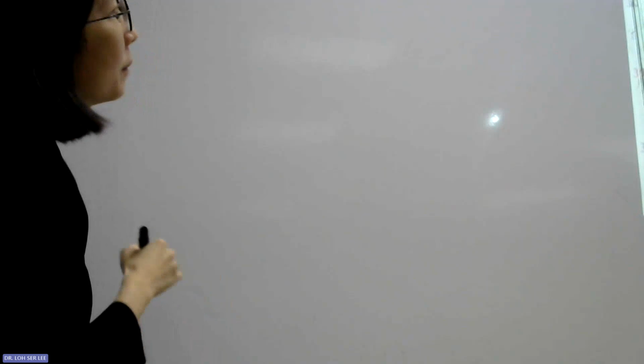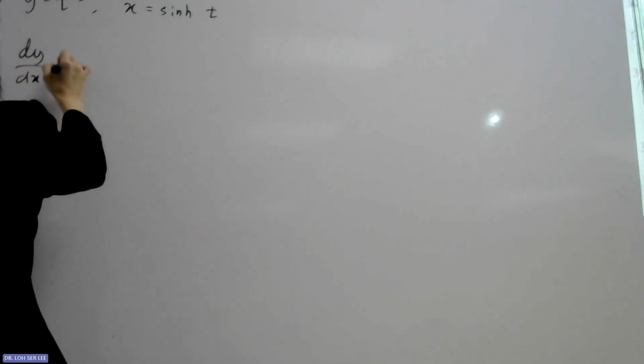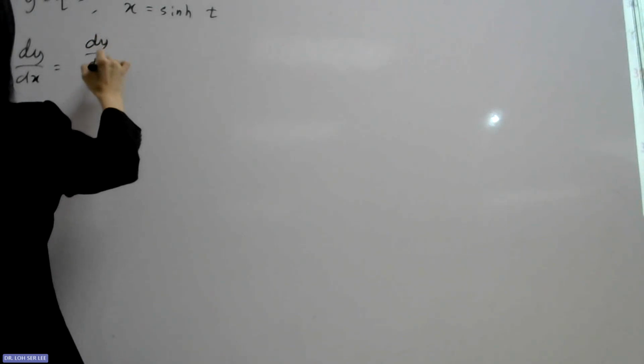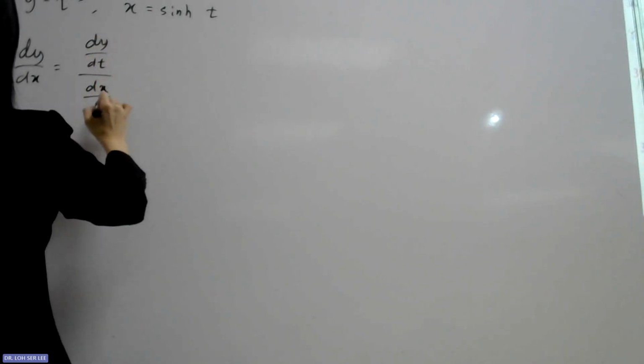Well, 1A, y is 3 x times sine. And dy dx, the formula is dy dt over dx dt.